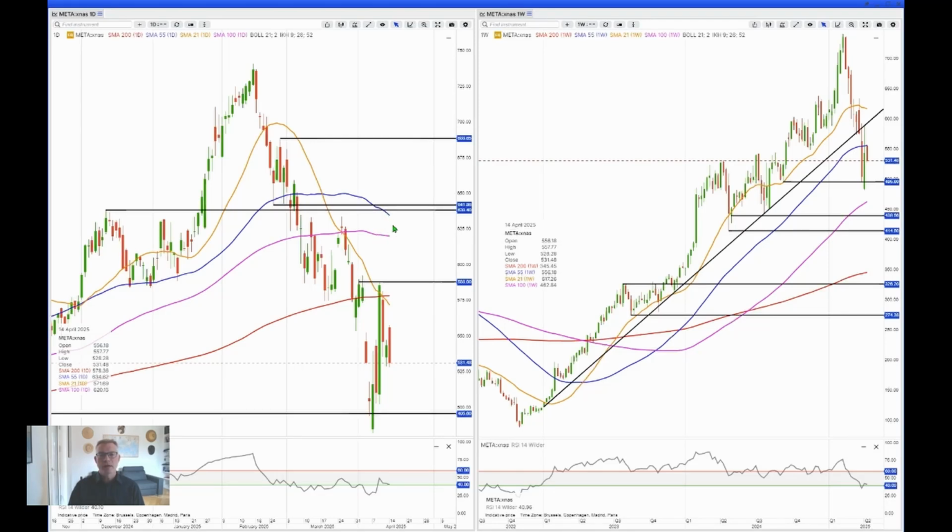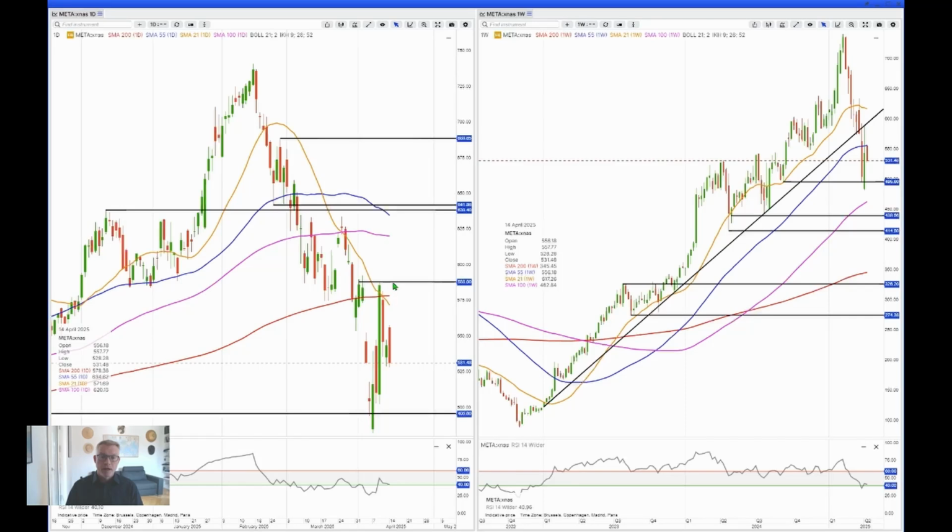But look at this, we have the 55 moving average coming down, and also the 100. It will take about a week or so, depending on the market activity, for the 55 to reach the 100. If they are both declining, it's called a death cross. It's not that reliable because it's two medium-term moving averages. It's another matter if it's a shorter term crossing or a medium to longer term.